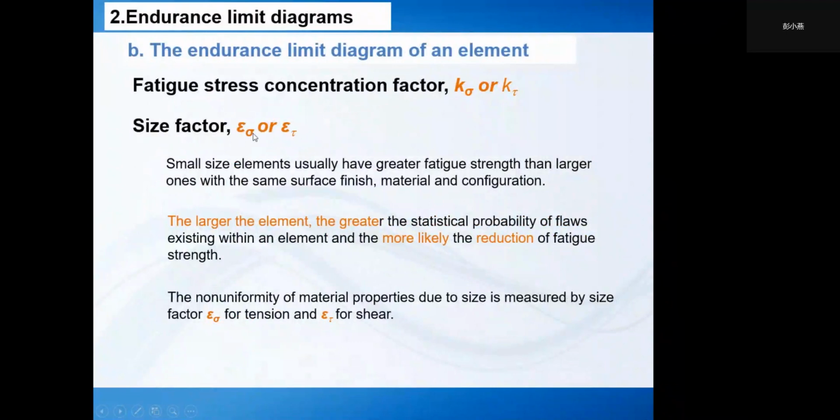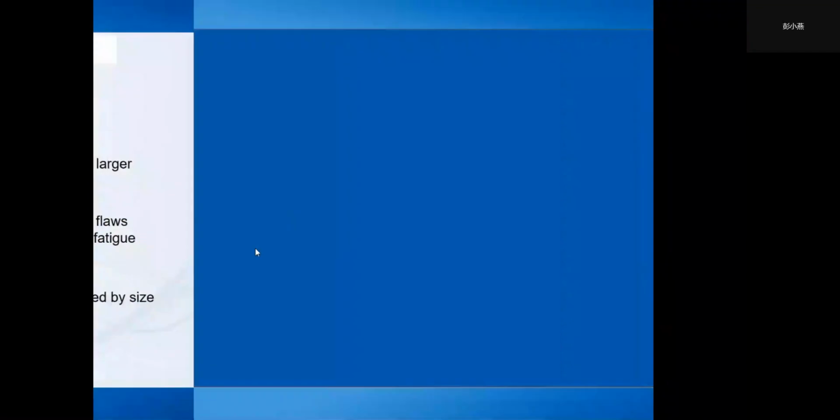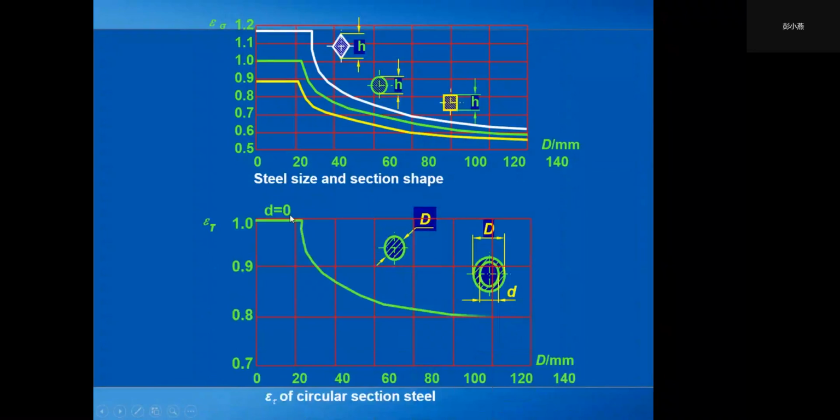This is for tensile, and this is for shear. And the larger the element, the greater the statistical probability of flaws existing within an element, and the more likely the reduction of vertical stress. You can see from this curve in this figure, this is the steel size and the section shape.